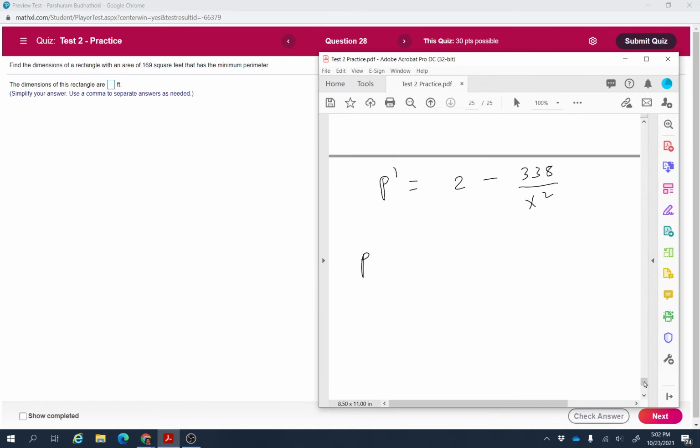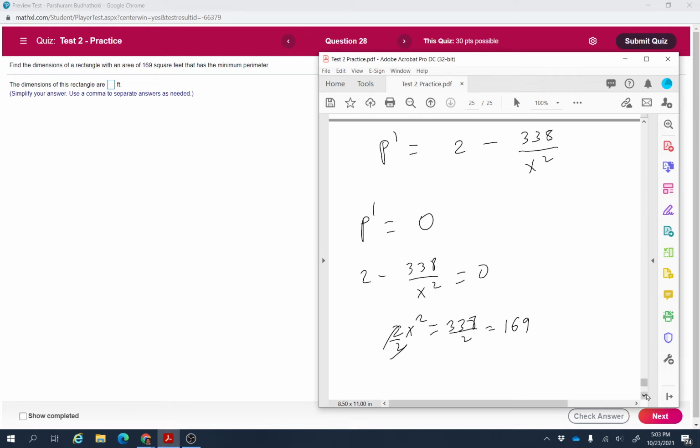To find the critical number, you have to equate this to 0: 2 minus 338 over x squared equals 0, which is 2x squared equals 338. If you divide both sides by 2, this is 169, right? And x is 13, because x squared is 169.